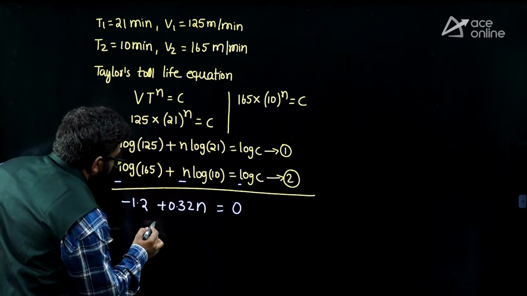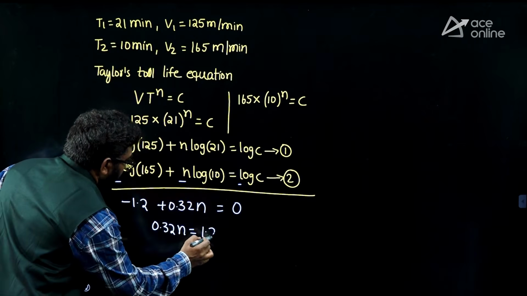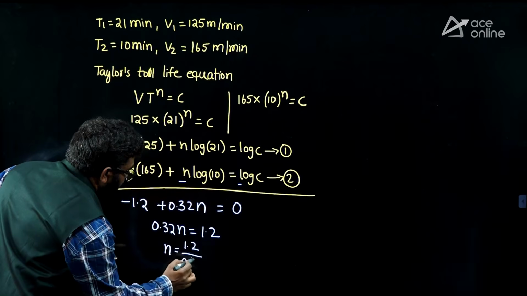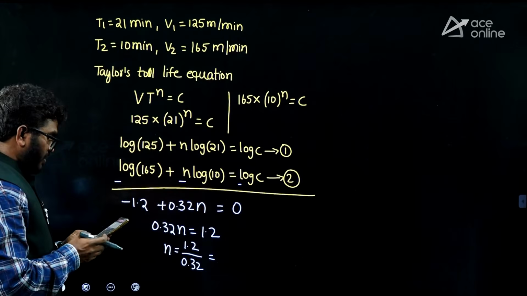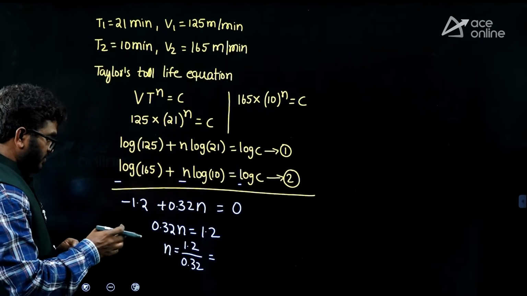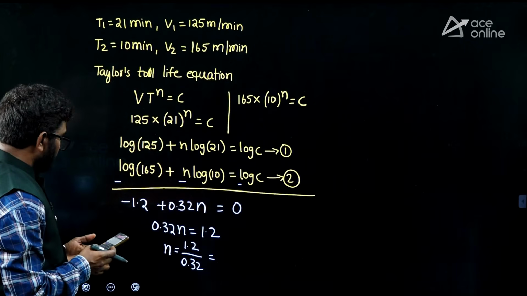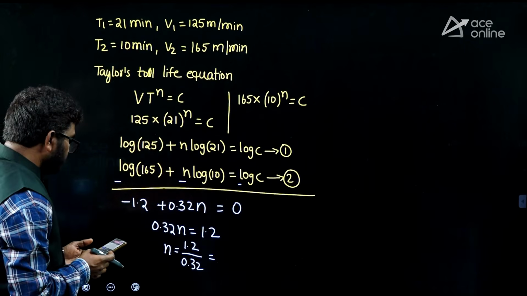From this, 0.32 n equal to 1.2, n equal to 1.2 by 0.32. Sorry, there is a small correction here.